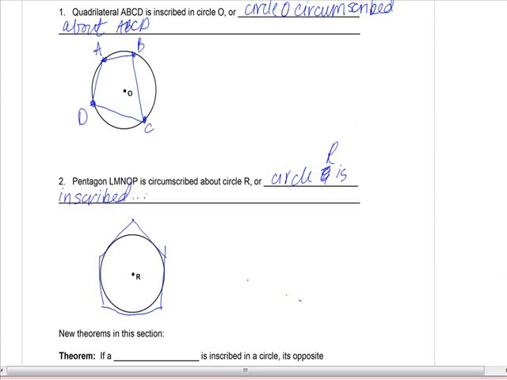Okay. Now back up at number 1, what is the center called? Circumcenter, yes. When the circle is on the outside, it's called the circumcenter. And when the circle is on the inside, it's called the what? Incenter. All right, 2 more theorems and then we'll do some practice problems.